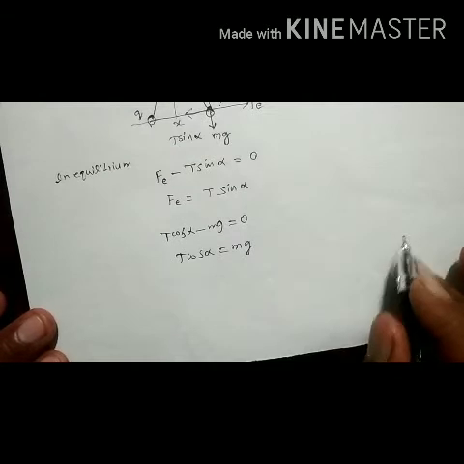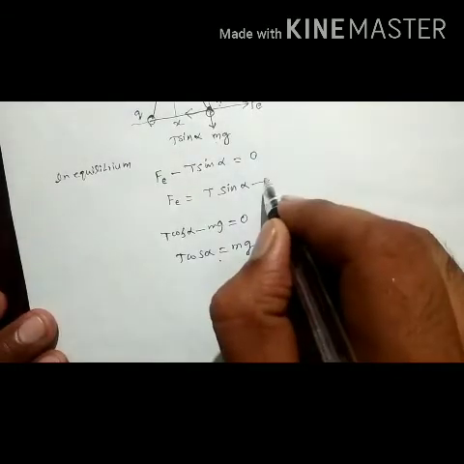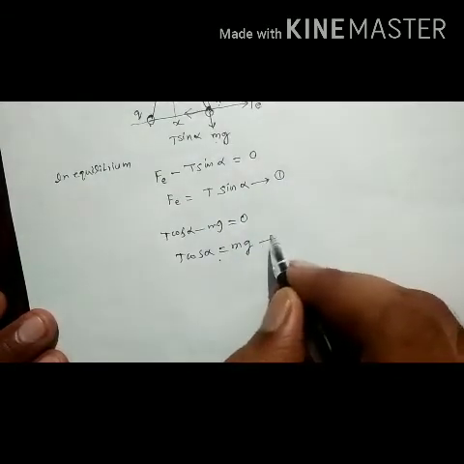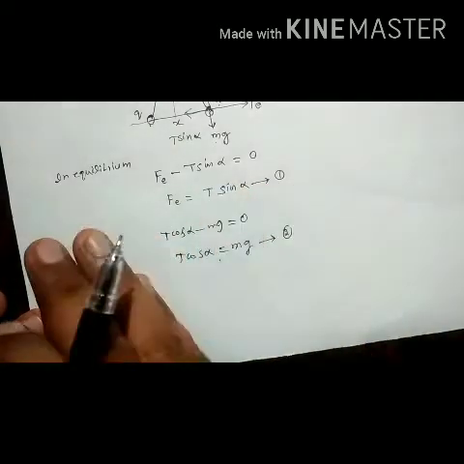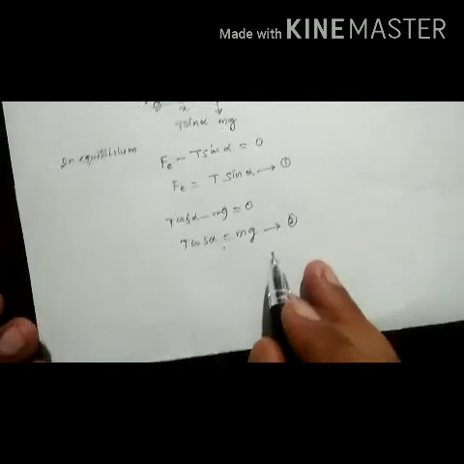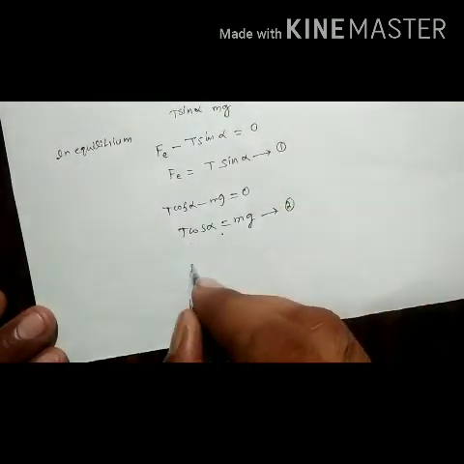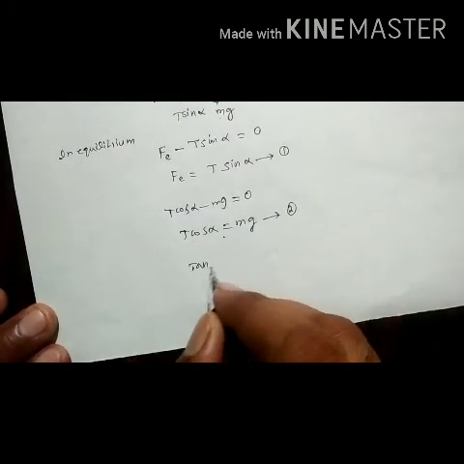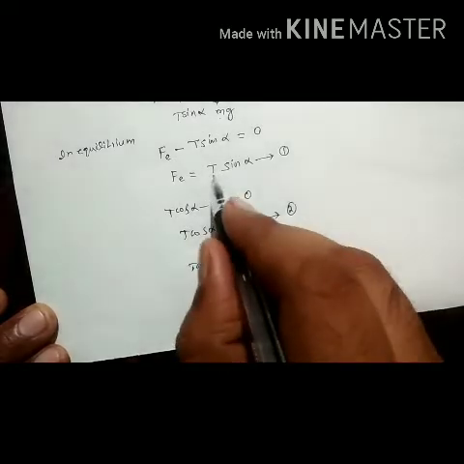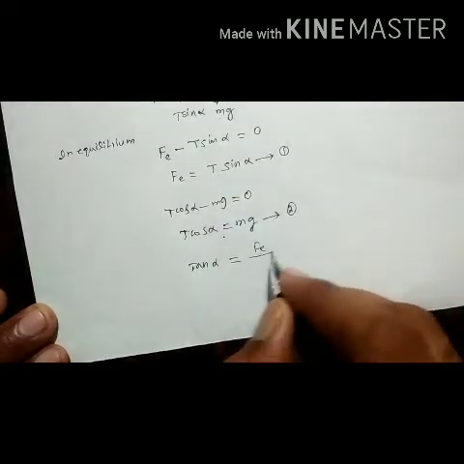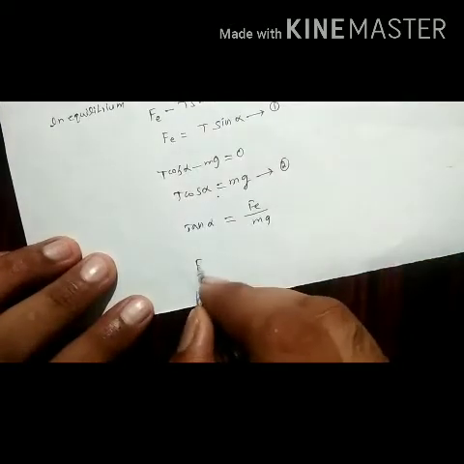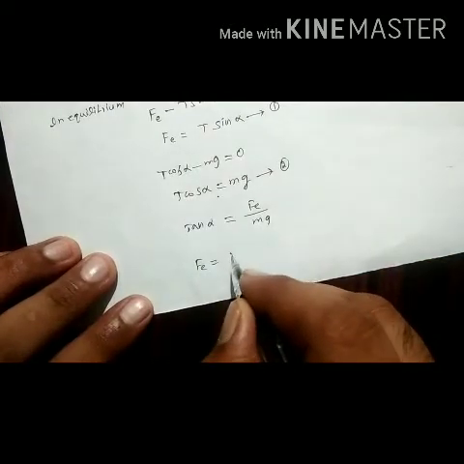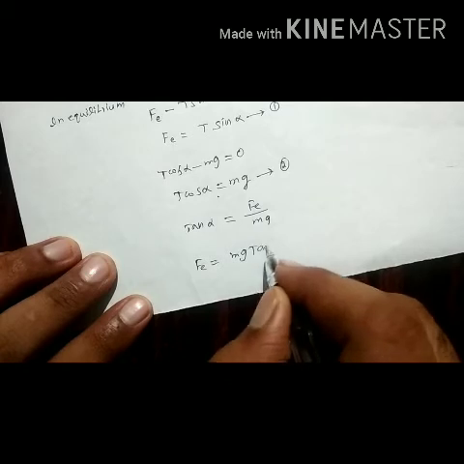Let us call these equation 1 and equation 2. If you divide the two, sin alpha by cos alpha is tan alpha, which is equal to the electrical force by mg. So the electrical force F is equal to mg tan alpha.